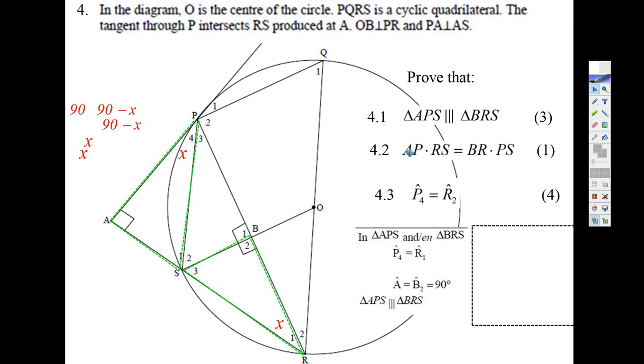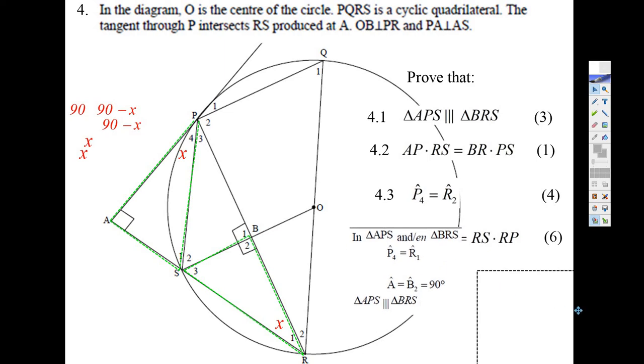Okay, now the next question, only for 1 mark, you're supposed to show that AP times RS is equal to BR times PS. Well, then all you do is take AP, put it over BR. Because those triangles are similar, we can just make that fraction.